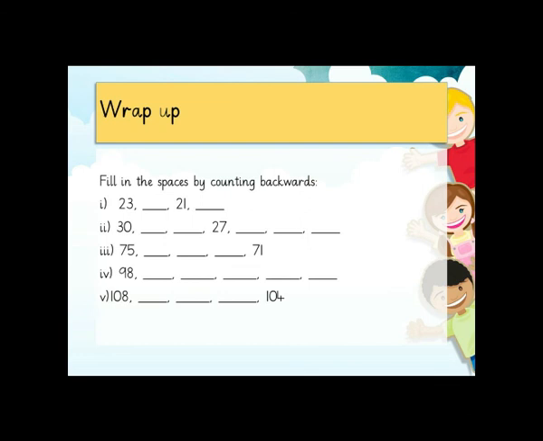Coming towards the third part, this starts with 75, and after 75 it comes, remember it counting backwards, 74, then 73, then comes 72, and it ends at 71. In part 4 it starts with 98, and then comes 97, and then 96, 95, 94, and then 93.